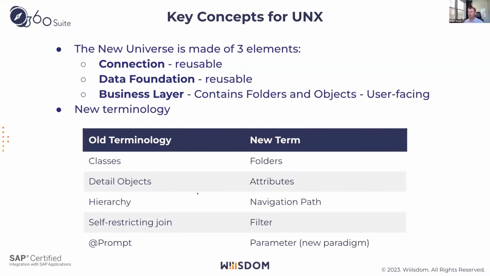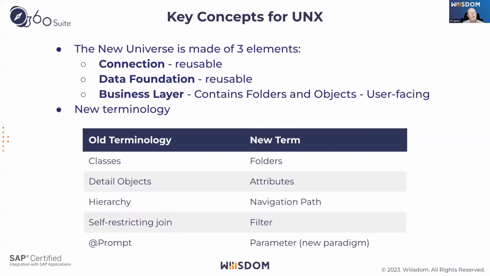So JF, what can you tell us about the key concepts of UNX? Well, the fact that it's broken down into 3 separate elements is very useful, and those elements are reusable. The connection was already the case in the old paradigm, but now you have a separation between the data foundation, which is the tables, columns, and joins that you use, on the one hand, and the business layer.